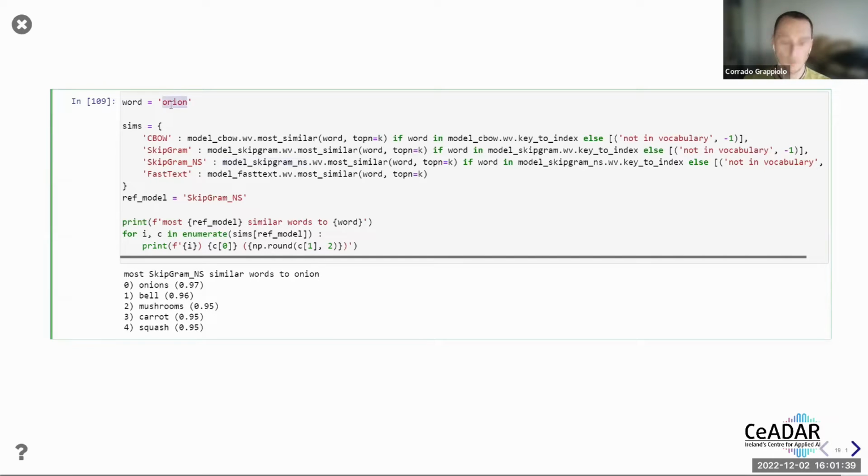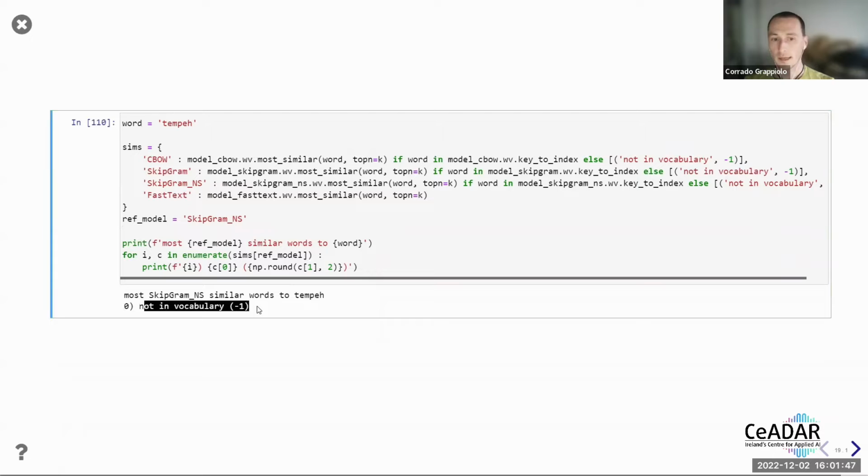So if we want to use a word that is not present in the vocabulary, which is tempe, if you remember from last lesson, then we don't have any word embedding. So we are back to the same story that we had last lesson. We have zeros. So how do we return a word embedding for a word that we don't know? This is something that word2vec cannot come up with.